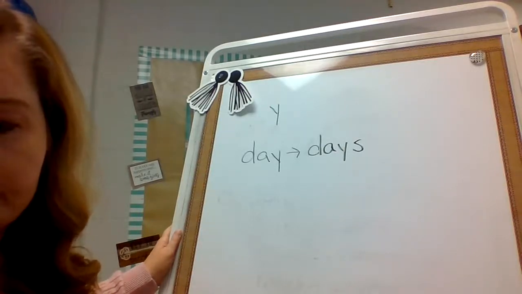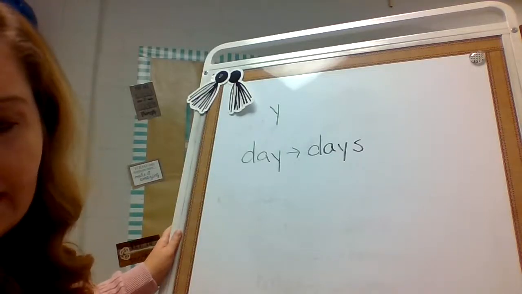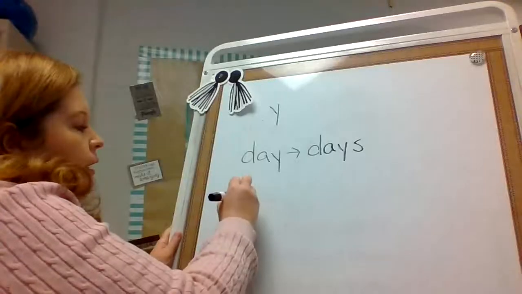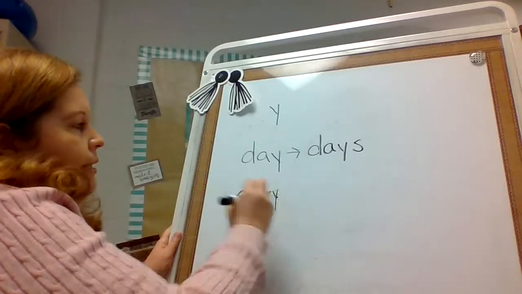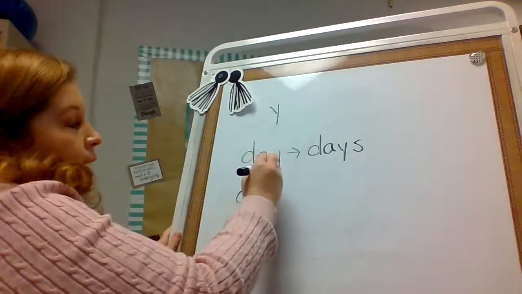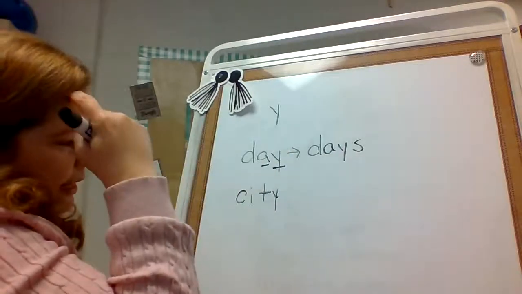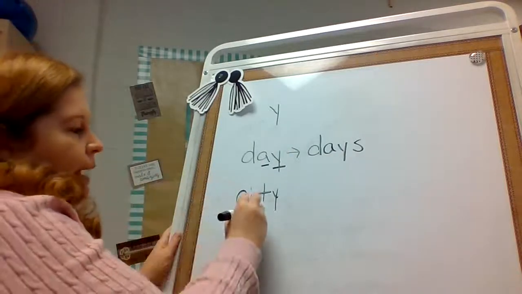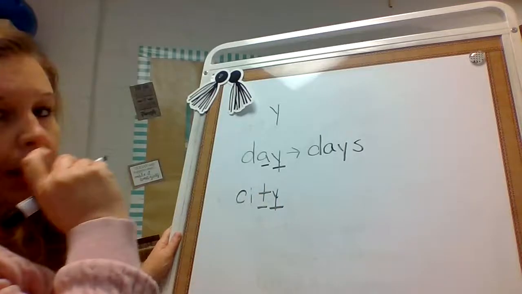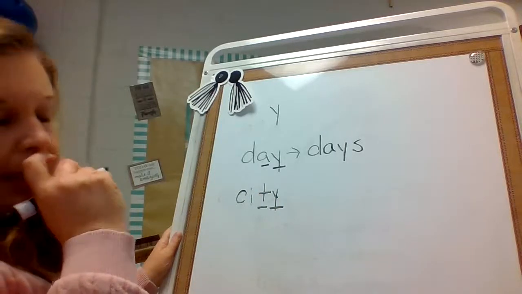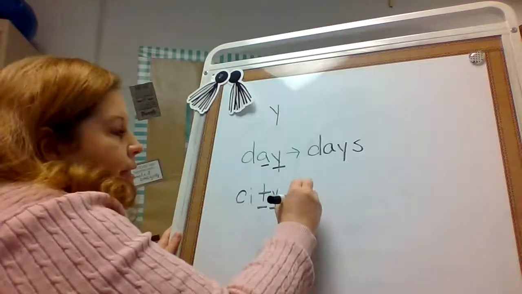All right. But if the noun ends in a consonant and a Y, like the word city, okay, the word day has a vowel and a Y, you're just going to add an S. But if it ends in a consonant and a Y, city is going to change to cities, okay?